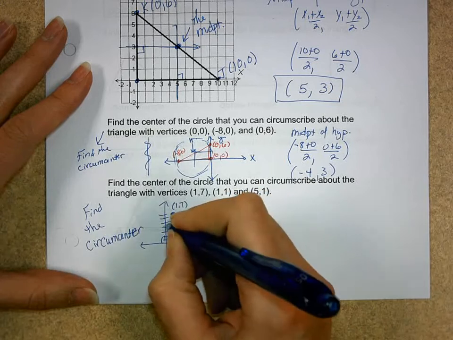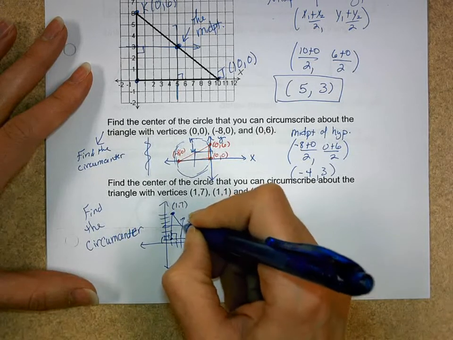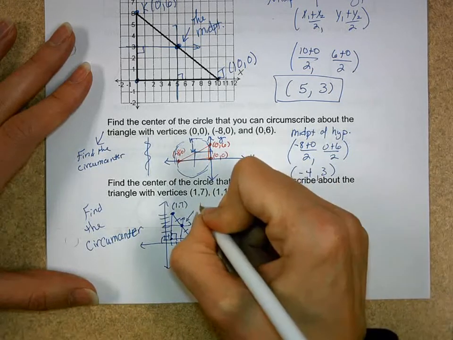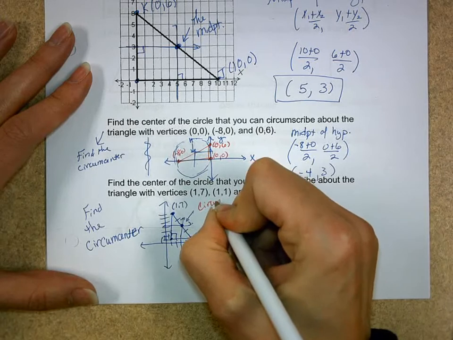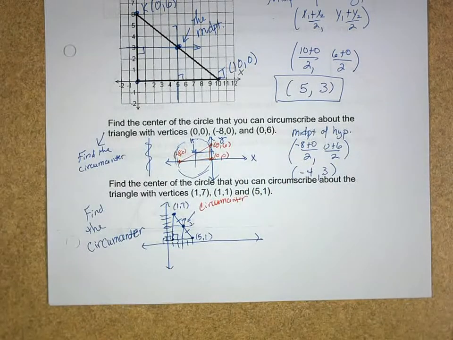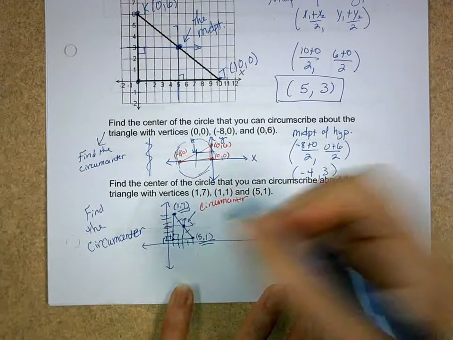If I drew in my perpendicular bisectors, it should be landing about right there. So there's my circumcenter. I need to use my midpoint of the hypotenuse. Some of you don't even need to do this. As long as you have this, you're like, ooh, midpoint, I don't need the visual. I know I'm looking for the midpoint of this. So my two points are 1, 7 and 5, 1.